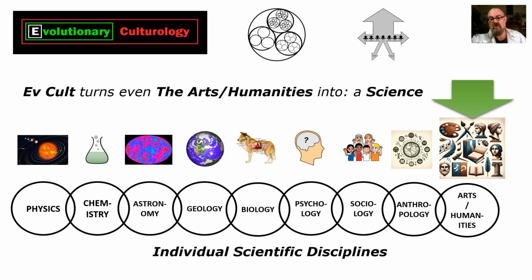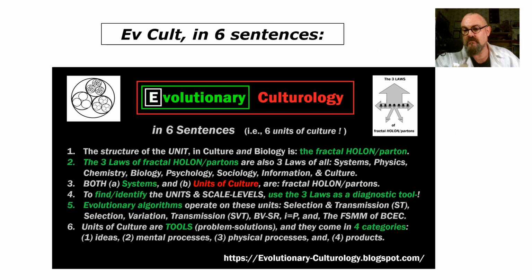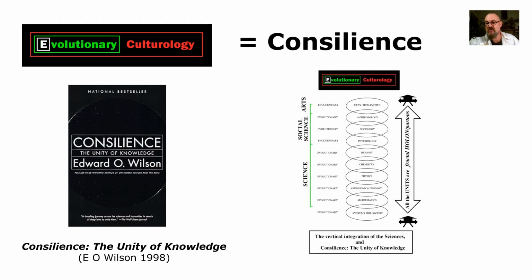Means we have the units, scale levels, evolutionary mechanisms, and 3 laws of everything as a standard scientific tool. And there's EvCult in 6 sentences. And EvCult solves consilience, the unity of knowledge, or the vertical integration of all the disciplines.